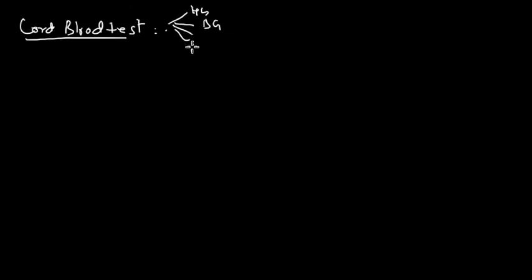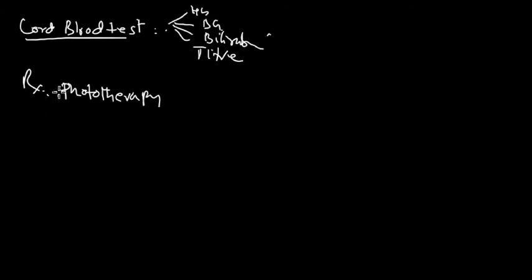Once the baby is delivered, cord blood test is done on the baby to see all four tests: hemoglobin, blood group, bilirubin level, and the antibody titer. And depending upon the results, baby is treated either by phototherapy. If there is not severe hemolysis, then phototherapy and simple blood transfusion.